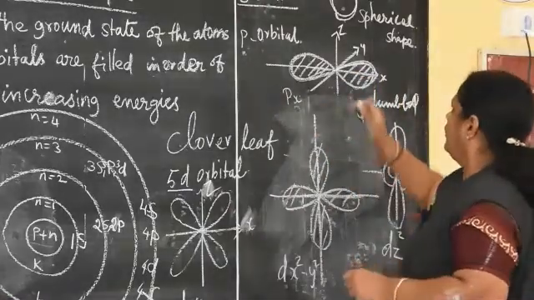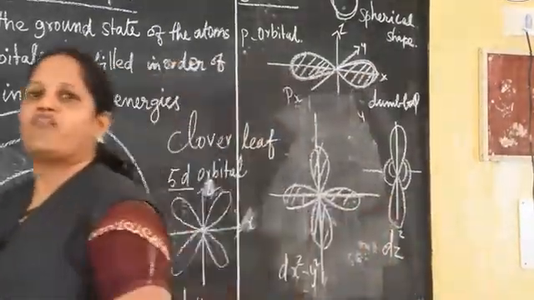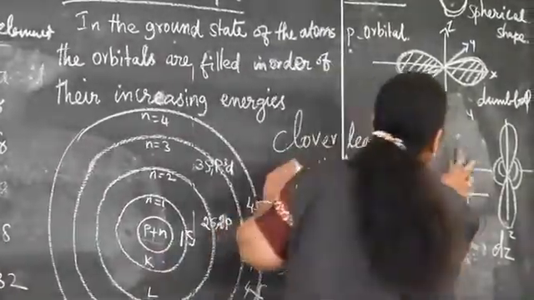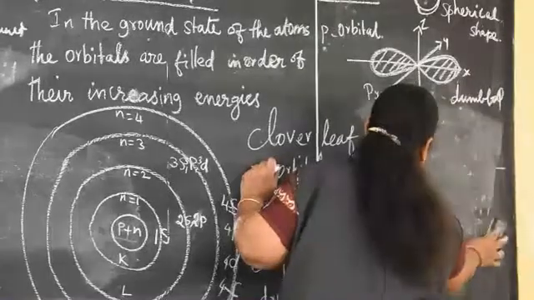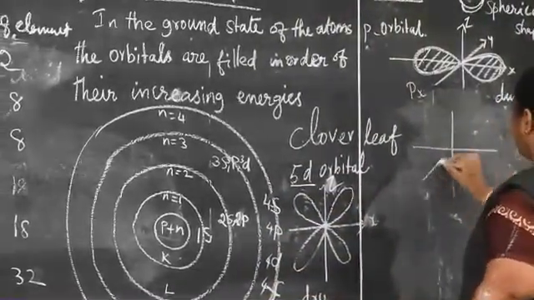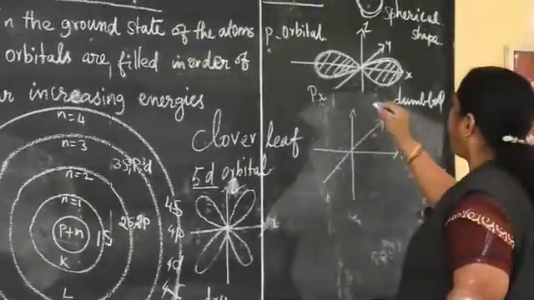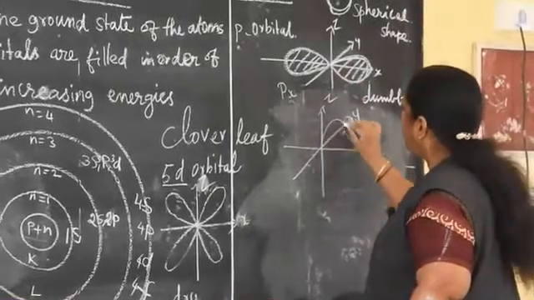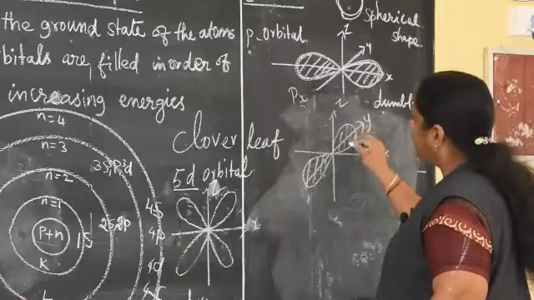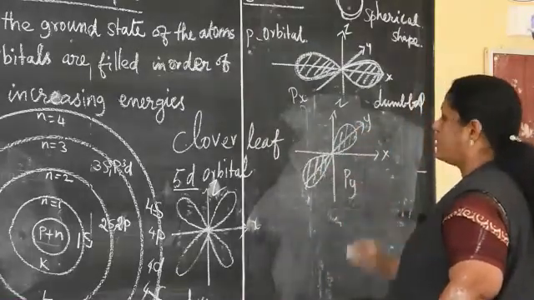If the probability of finding an electron in the p orbital is maximum along the y-axis, represented in three dimensions, all imaginary, with x, y, z axes, in the form of a dumbbell, then it is referred to as the py orbital.